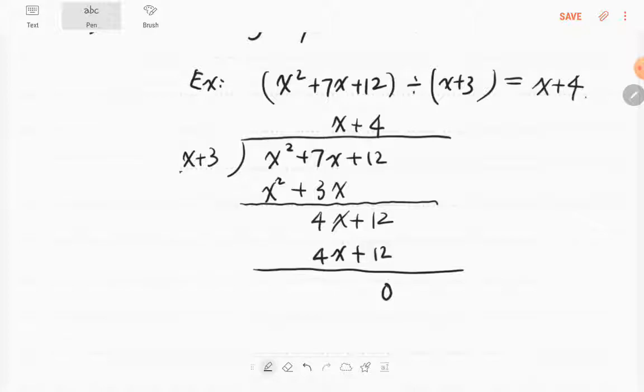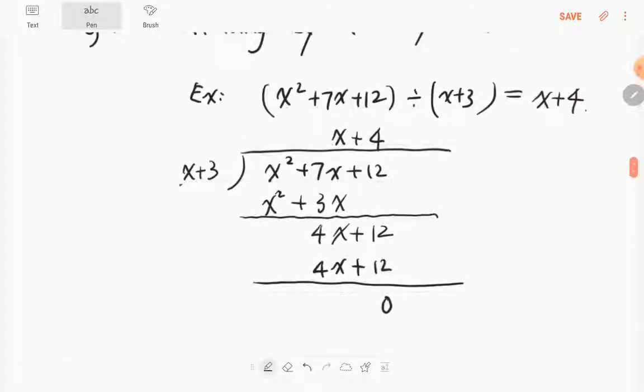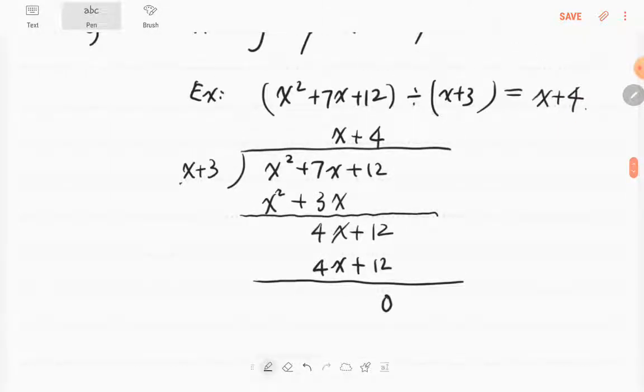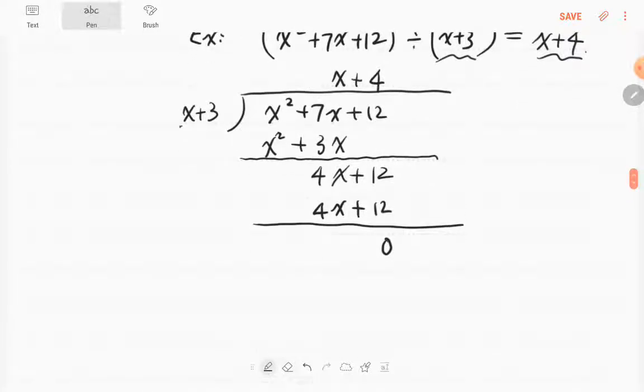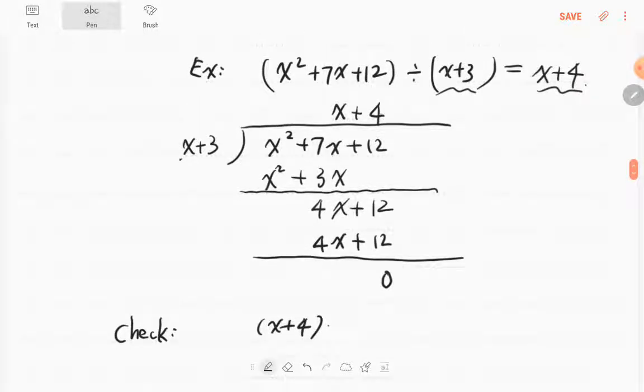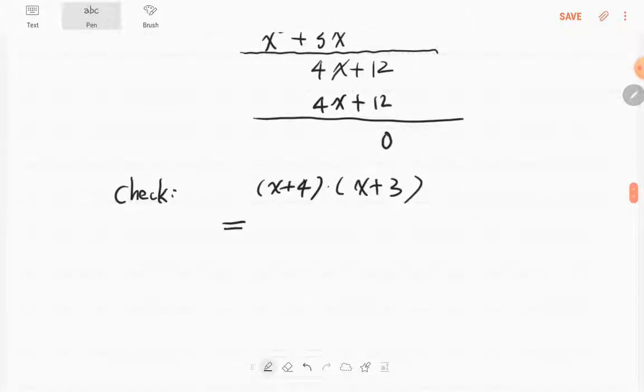Okay, of course, you can always use the divisor times your quotient to see if you can get the dividend, right? So we could check if we did it correctly. This is our quotient times the divisor to see if we can get the dividend. So remember, we could use the distributive rule or the FOIL rule.